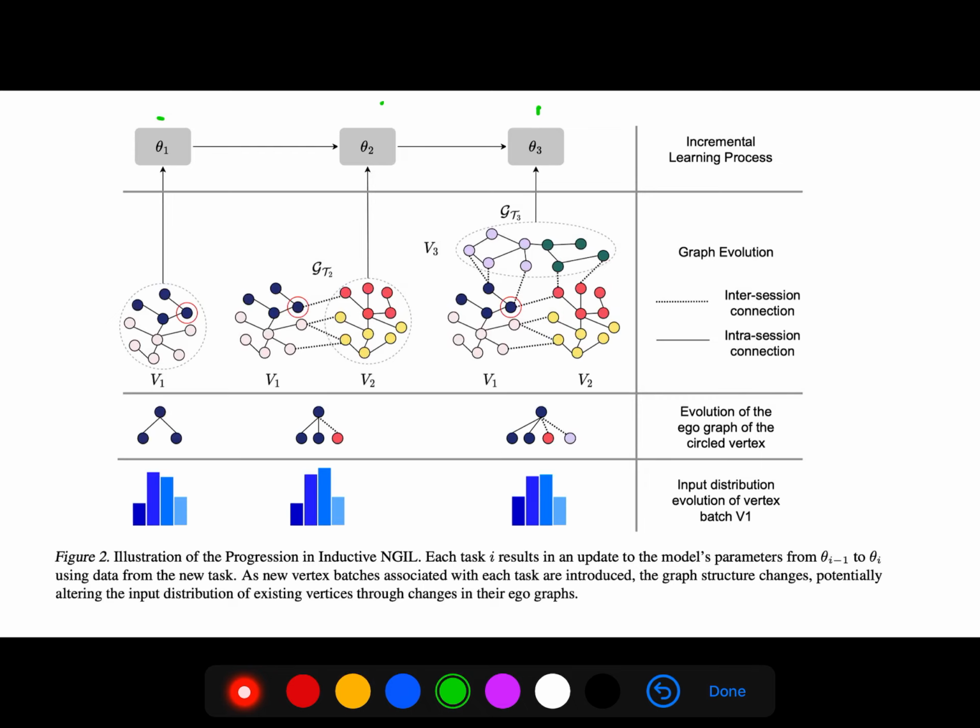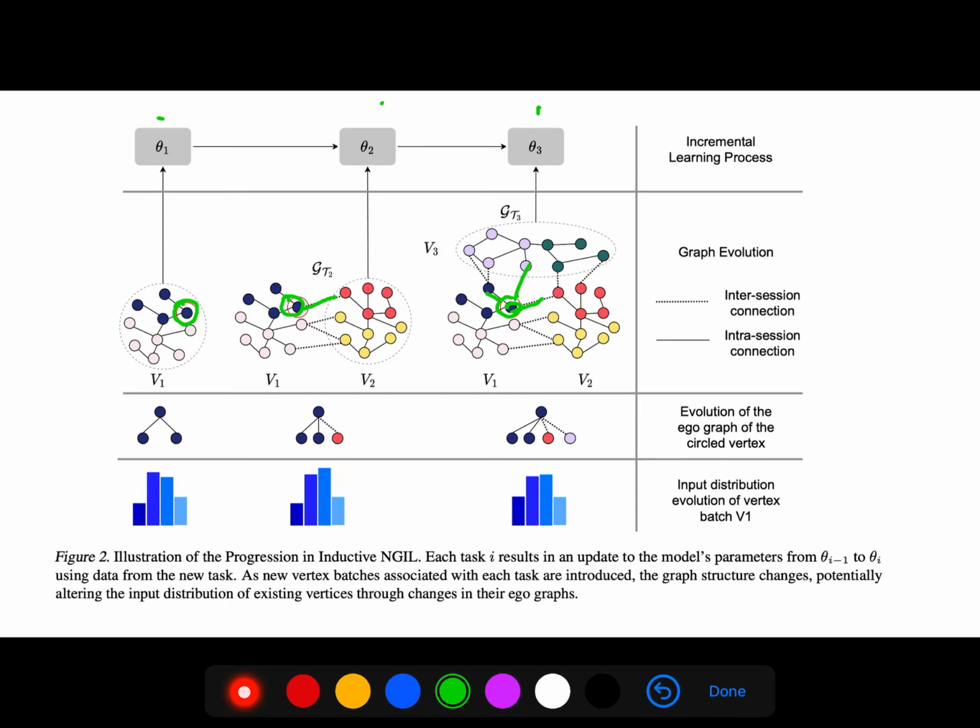So if you just focus on this node, you see at the next time we add a different neighbor to that. Also at the next time step, then we have not only this one, but also nodes from different parts of the graph.